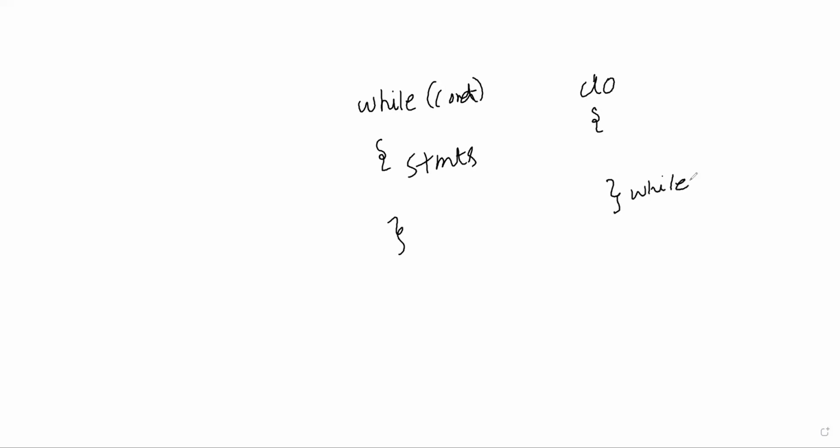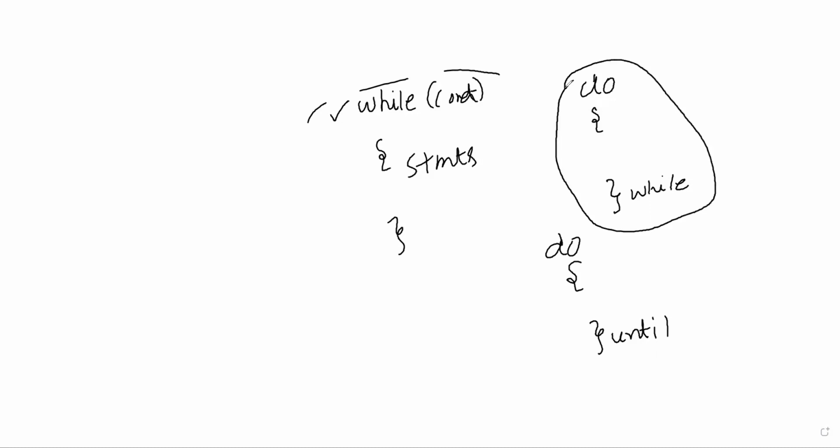And if you see some very old languages, there are looping conditions like do until. Modern-day languages usually go with while conditions. C is in between the old and the new, so it has do while, and some of the very old languages still have this kind of do until loops.